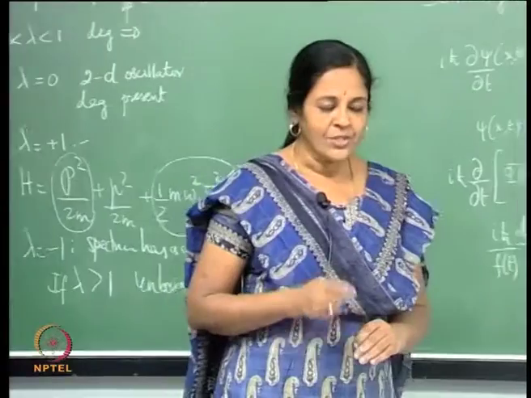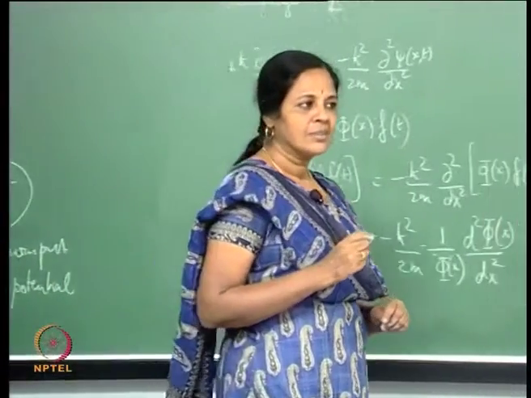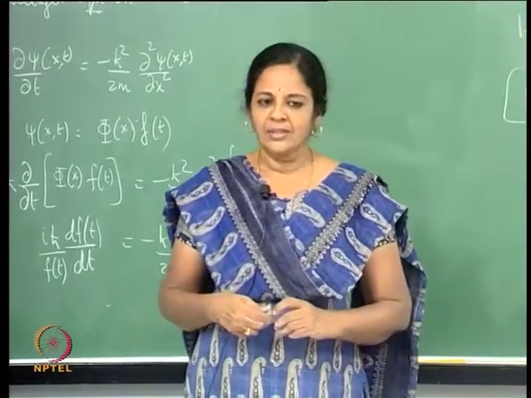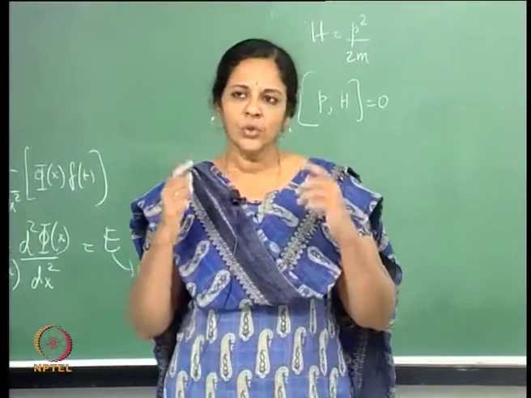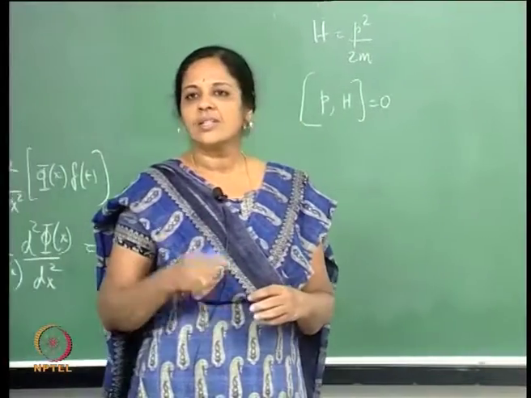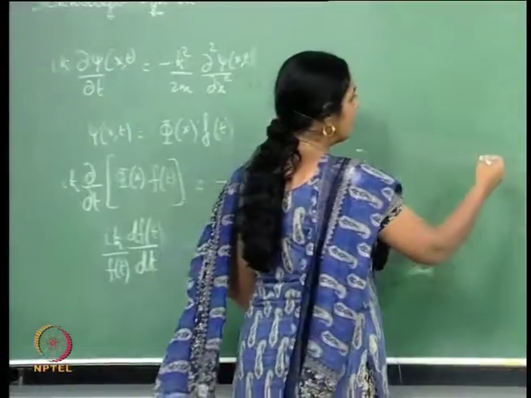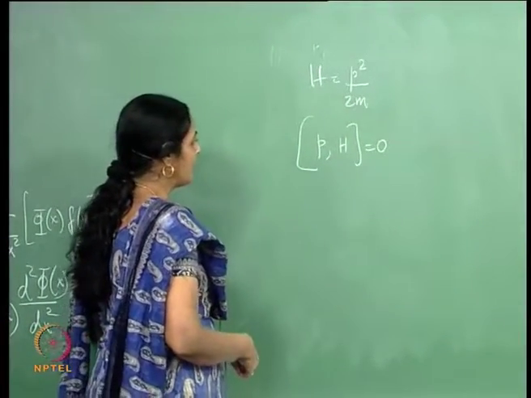Therefore, I said that J was a good quantum number, and that had ramifications because J squared commutes with the Hamiltonian, and the outcome of the whole thing was the importance of the spin orbit coupling, for instance, in discussing the shell model of the nucleus. So, similarly here P is a good quantum number, P commutes with the Hamiltonian.